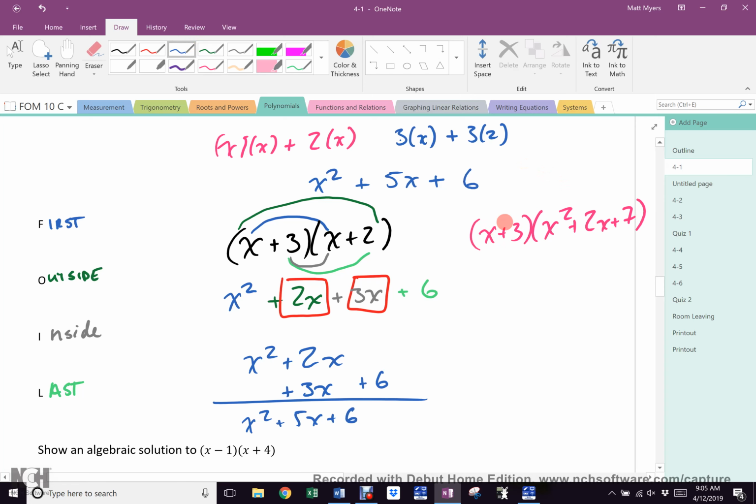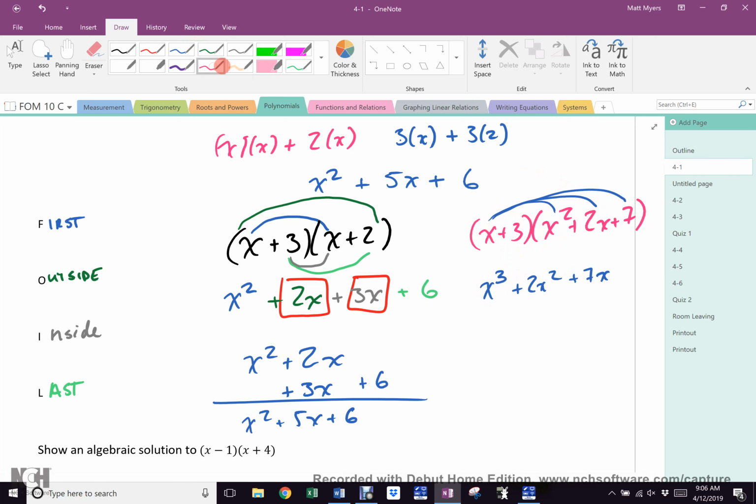So what will I get here? X cubed. What will I get here? 2x squared. And what will I get here? 7x. Agreed? Now, am I done with the x? Okay, so I'm going to move on to this term.